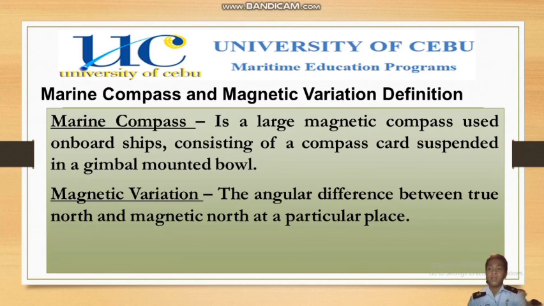While magnetic variation is the angular difference between the true north and magnetic north at a particular place, or the horizontal angle between true north and magnetic north measured east to west according to whether magnetic north lies east or west of the north.